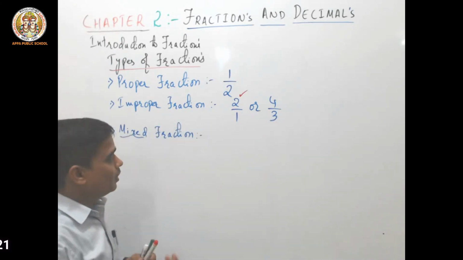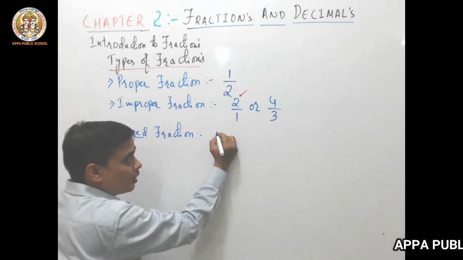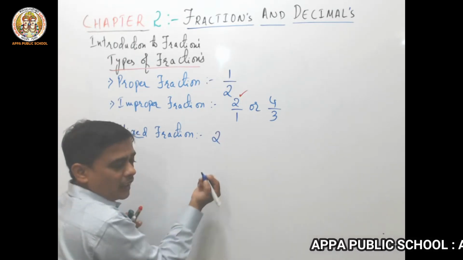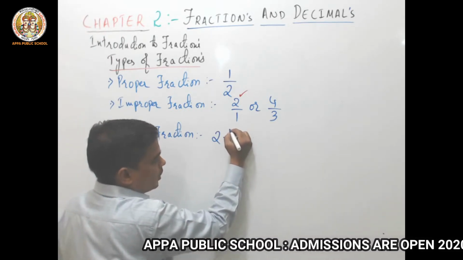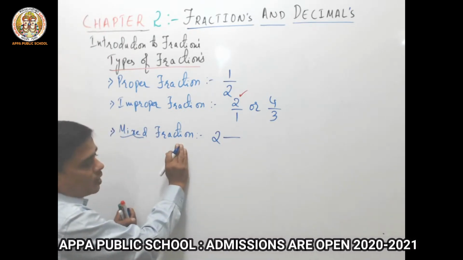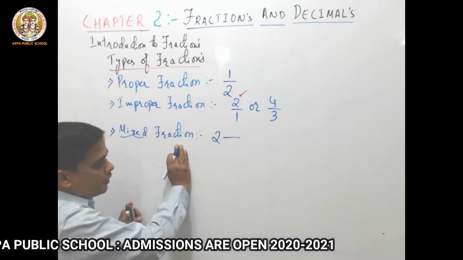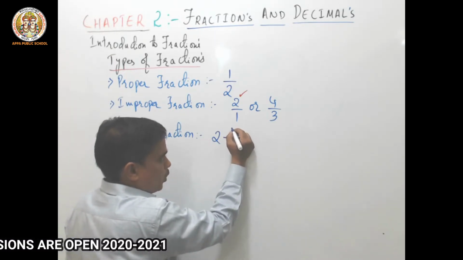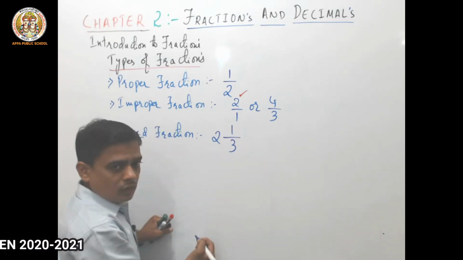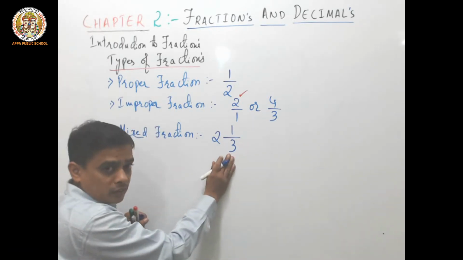What is mixed here? It is mixed with an integer. You take any integer with a fraction. What is a mixed fraction? A mixed fraction contains one integer and the other part is a proper fraction.